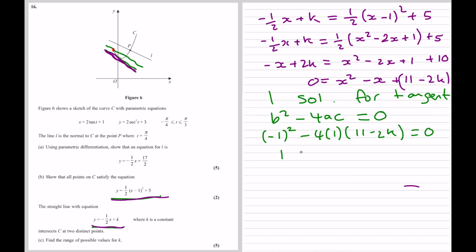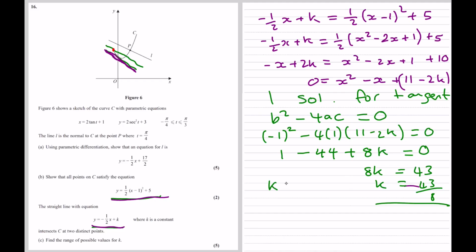So 1 minus 44 plus 8k equals 0. So 1 minus 44, negative 43. So 8k equals 43. k is 43 over 8. So that's for it to be a tangent. So we know k has to be bigger than 43 over 8.